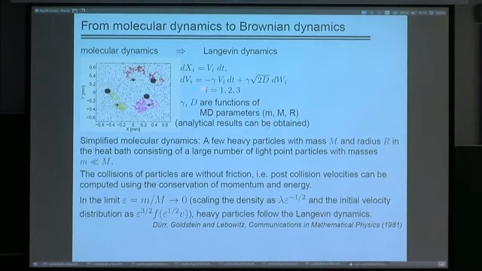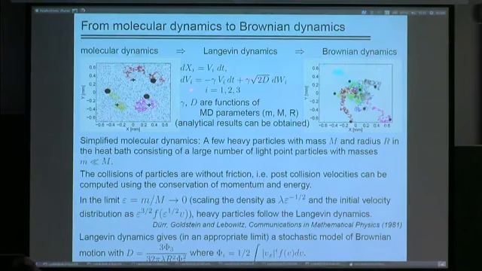What I can do next is take this Langevin dynamics, and in a suitable limit, for large times it is also described by Brownian dynamics. I get that the Langevin dynamics gives a stochastic model of Brownian motion with a diffusivity which depends on the density of particles, the radius of the big particle, and some moments of the velocity distribution.